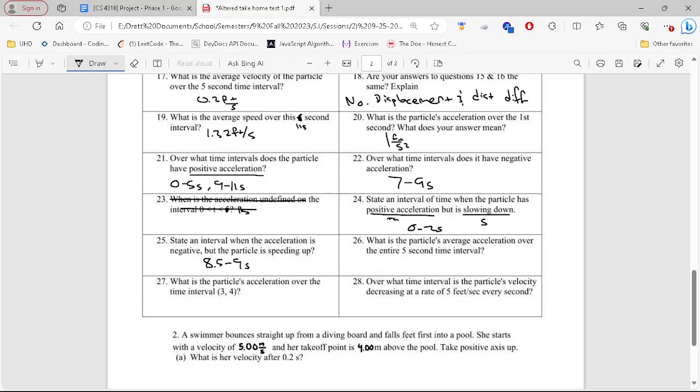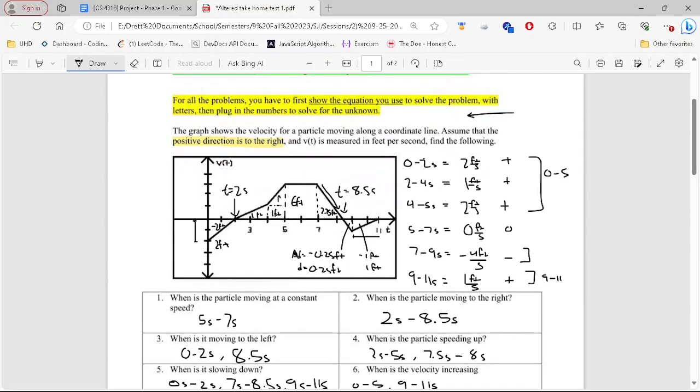What is the particle's average acceleration over the entire 11-second interval? Okay, so remember acceleration is equal to change in velocity over time. So we just need to sum all these changes in velocity and divide it by the time in which they occur.